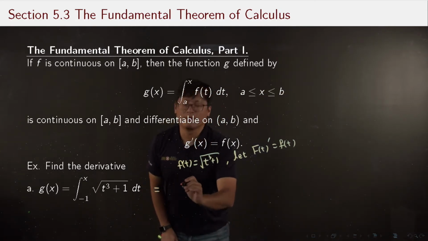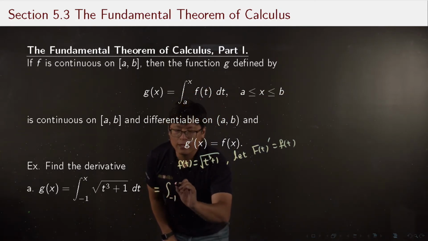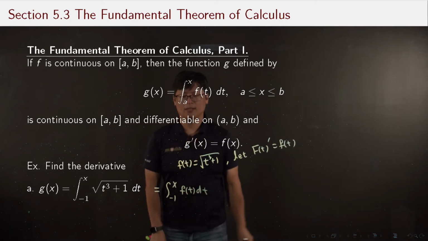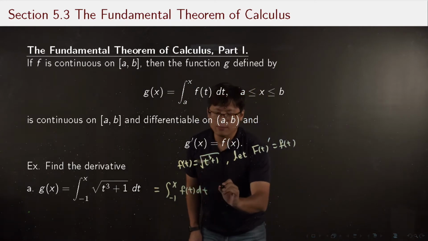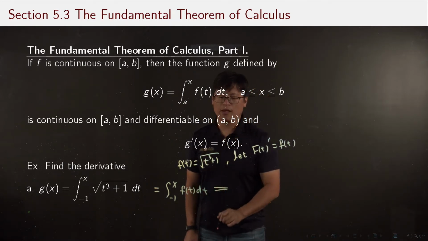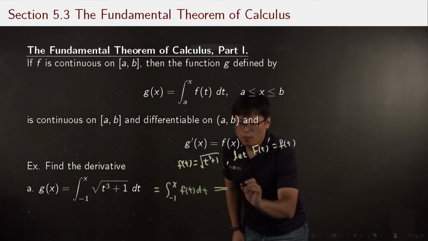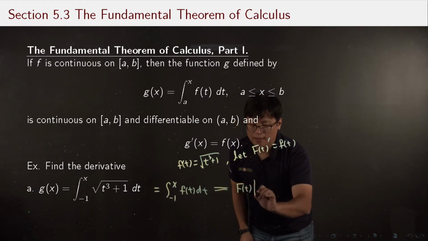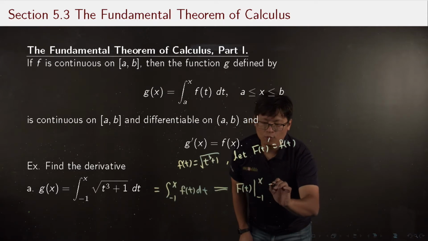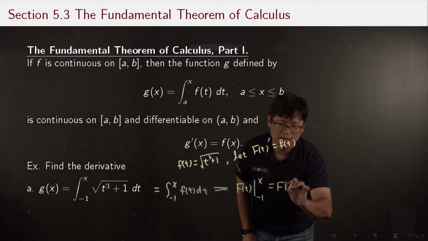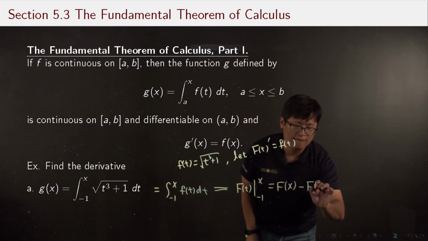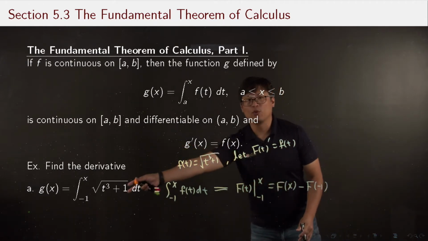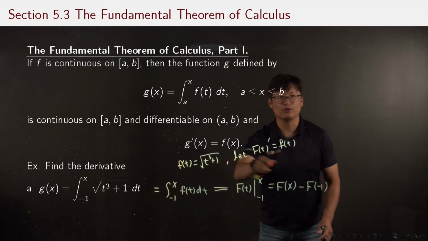It is equal to the integral from -1 to x of f of t dt. At this moment, let me apply the fundamental theorem of calculus part 2. With the antiderivative of this function, plug in -1 and x, which is F of x minus F of -1. Now we are ready. I just transformed your given definite integral into this form.